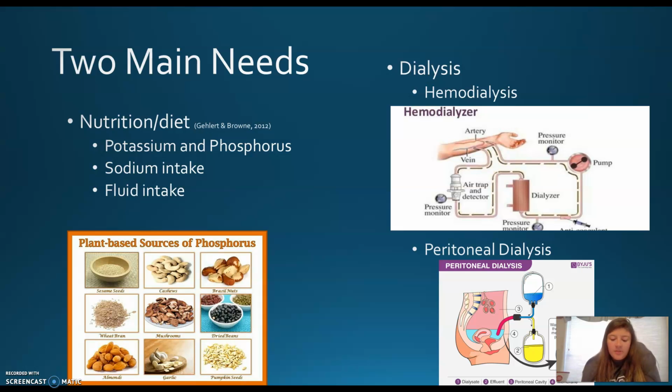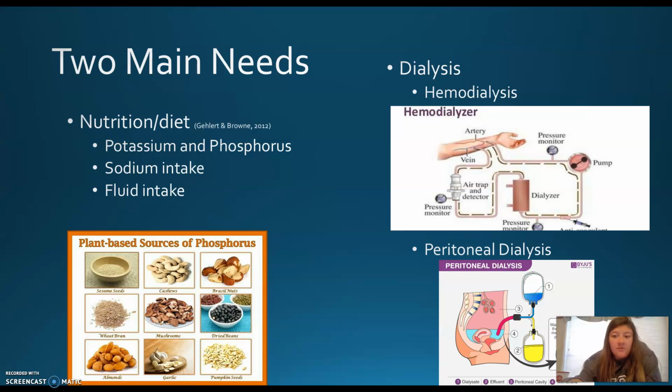The foods they are limited on are bananas, melons, dried fruit, tomatoes, oranges, potatoes, and nuts, among a few other things. In addition to food restrictions, they also have fluid intake restrictions because excess fluid intake may cause their extremities to swell and their lungs to fill with fluid.